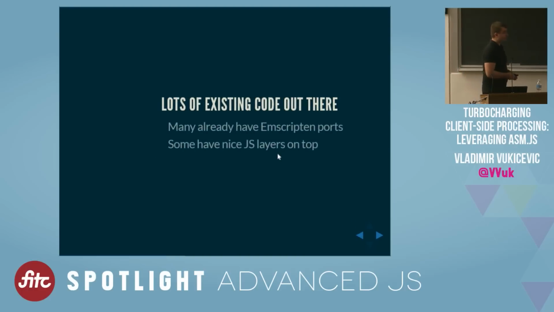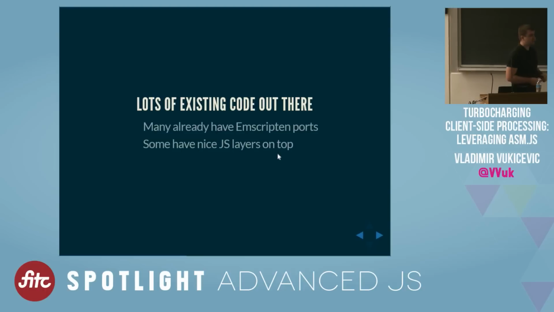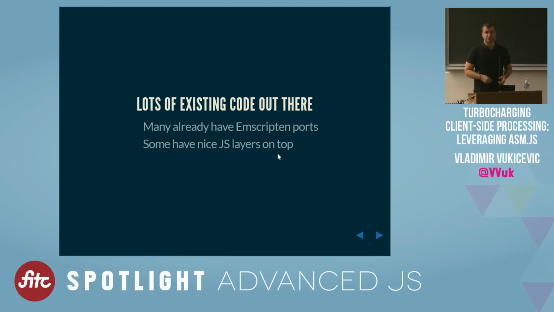Many of these already have Emscripten ports. When Emscripten first came out, and especially when the performance provided by asm.js was really starting to be proven, the authors of these libraries, or people who were heavily using them, started looking at ways to compile them with Emscripten, and made some of the few necessary changes.